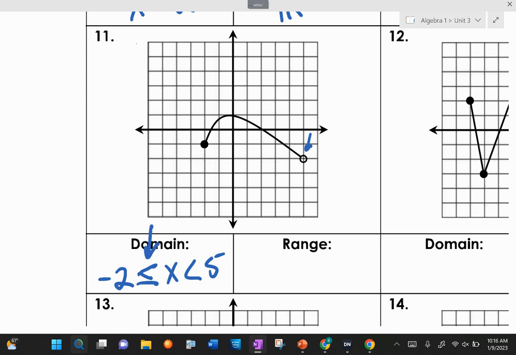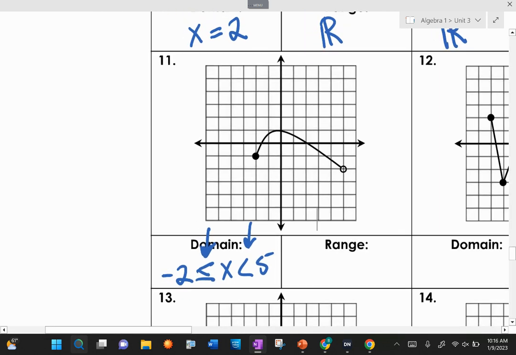So we notice that this inequality right here has an or equal to sign, right? What about this one? No. So we're saying that we can't include 5 in the solution. An open point means you don't have the or equal to part of your inequality. So I would write this out to the side.